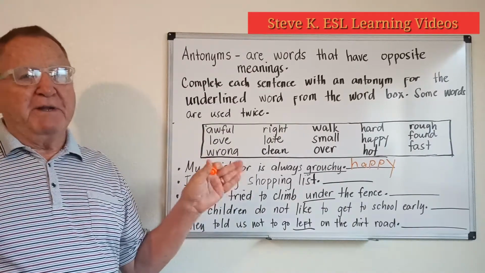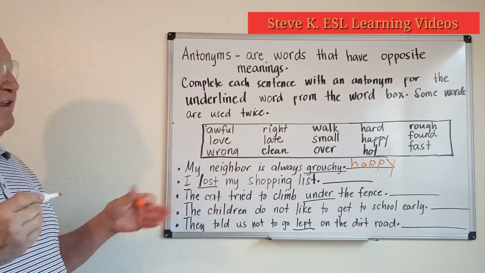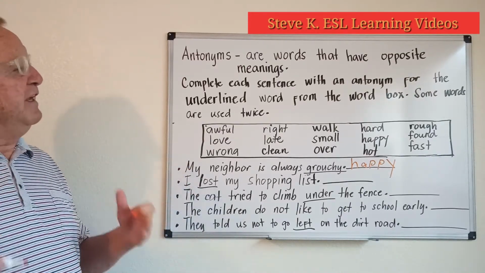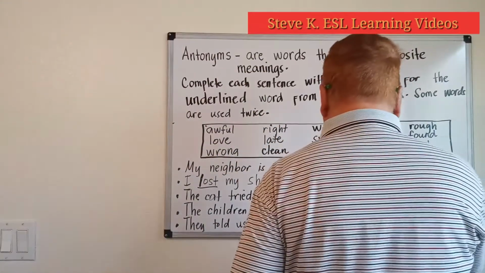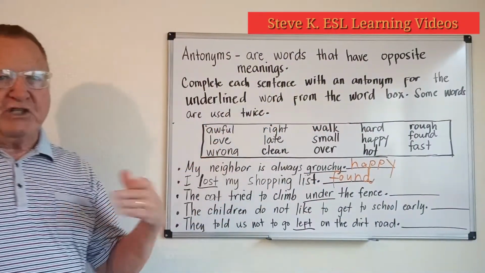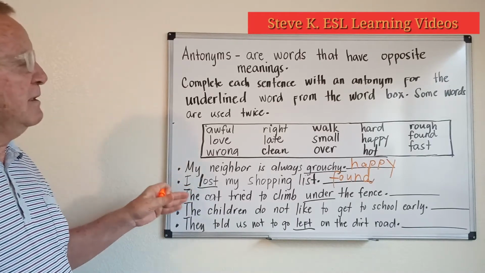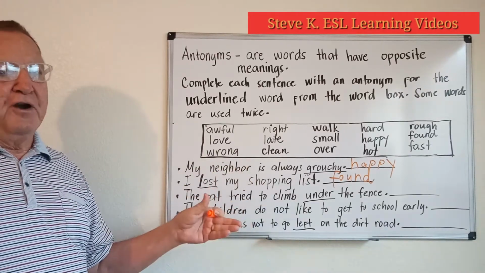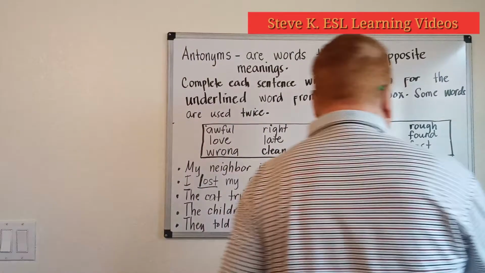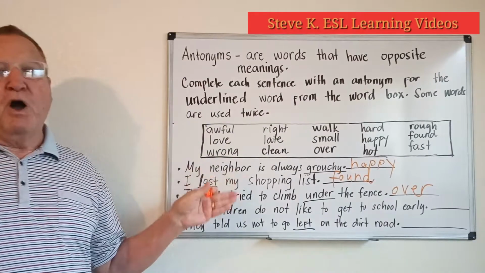I lost my shopping list. And the opposite, now some of these we said we're going to use more than once. So I lost my shopping list, and the opposite of this is, we used it once before, with the keys. I found my shopping list. Next, the cat tried to climb under the fence. Under, and we used this before, under and over. The cat tried to climb over the fence.